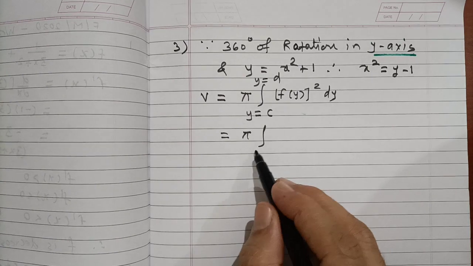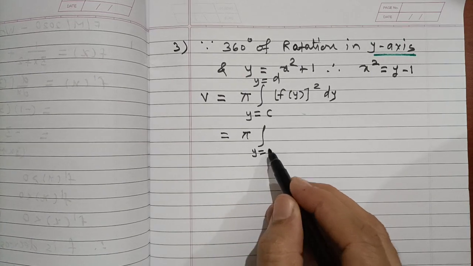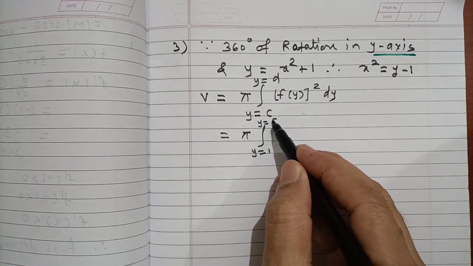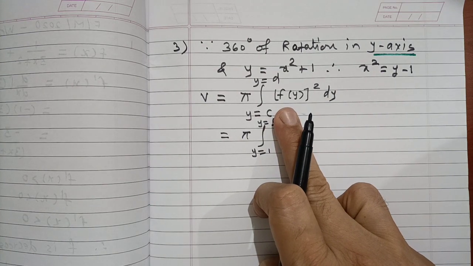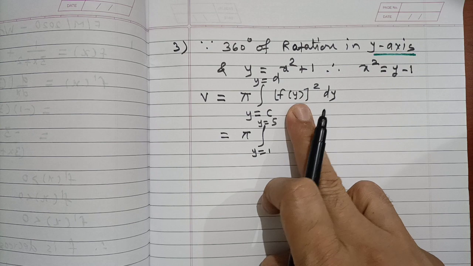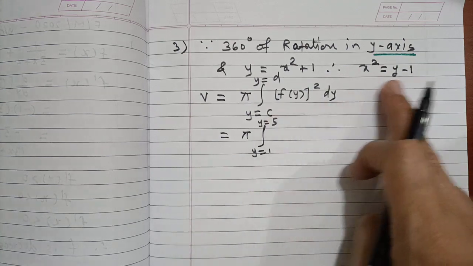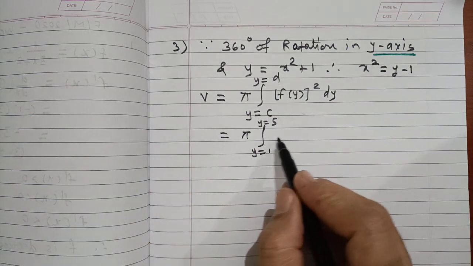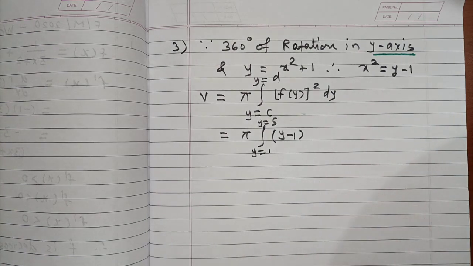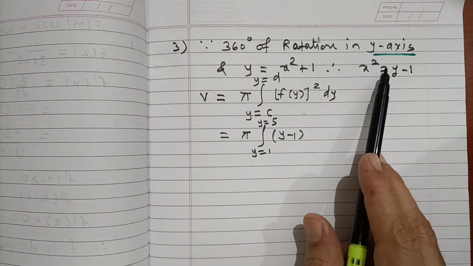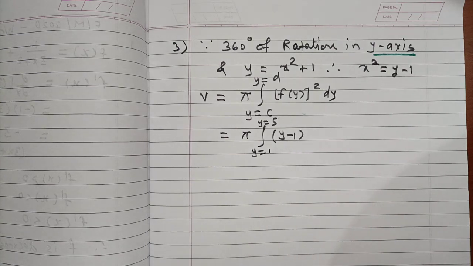So we can put y is equal to 1 to y is equal to 5, and for that function f of y, x square is y minus 1, dy.